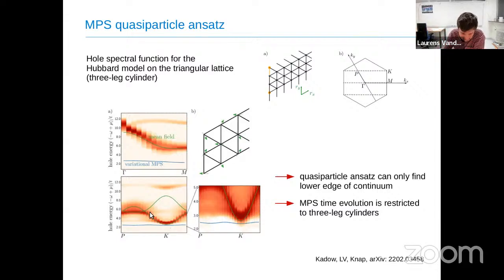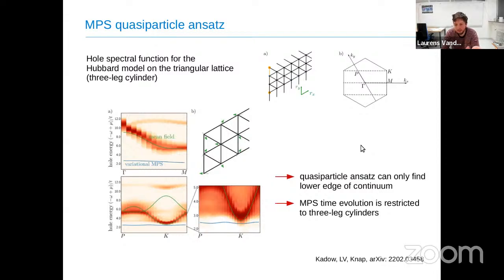But if you have some kind of continuum of excitations, what it will find is basically the lower edge of this continuum. And this is not very useful in this case, because it doesn't filter out the relevant modes in your spectral function. It only shows you the lower edge of your continuum, and this lower edge can have very low spectral weight, so it's not very interesting to know, especially if you're interested in the dynamics of the dominant mode in the spectrum.